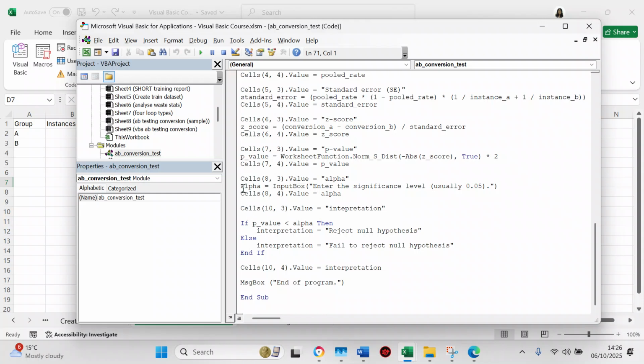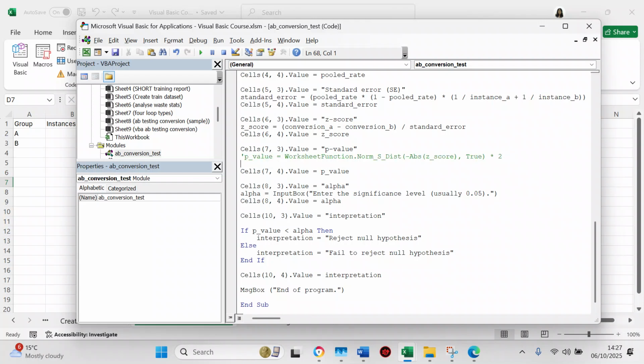So I'm going to say here for your p-value, I'm going to put that there. 2 minus 1 minus Norm.S.Dist over z-score, True, times 2.